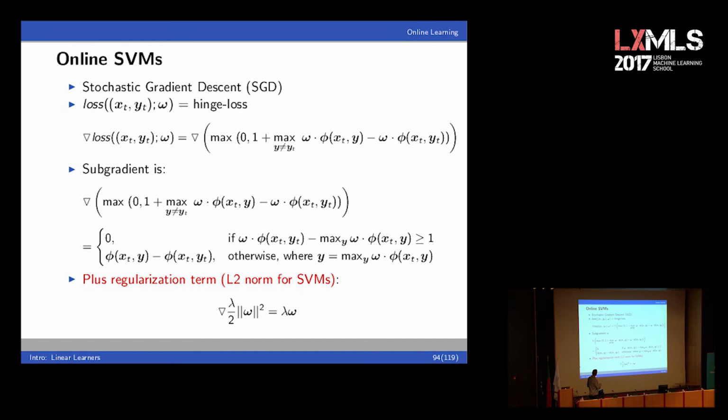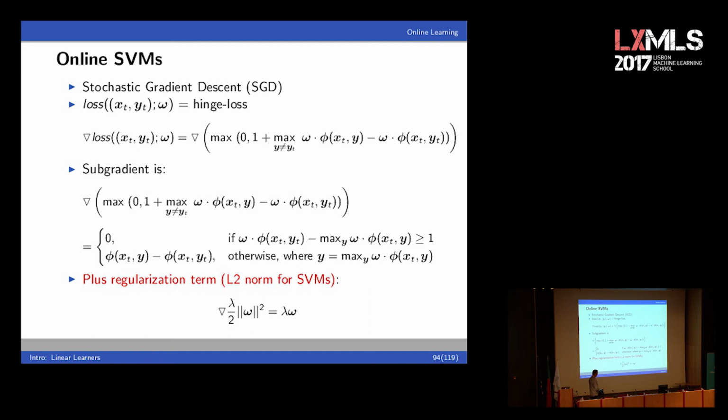You say the gradient is 0 if you don't make an error, and otherwise it's the gradient of my objective, namely the difference of the feature vectors, which is the very same update as the perceptron. The only difference is that in addition we have this regularization term, whose gradient is lambda times w.